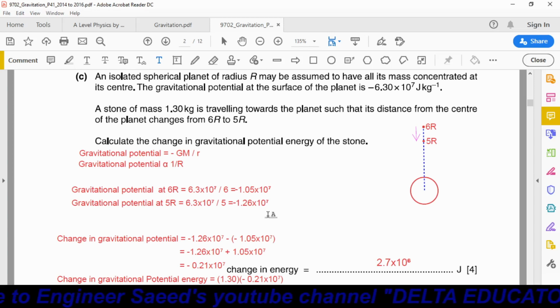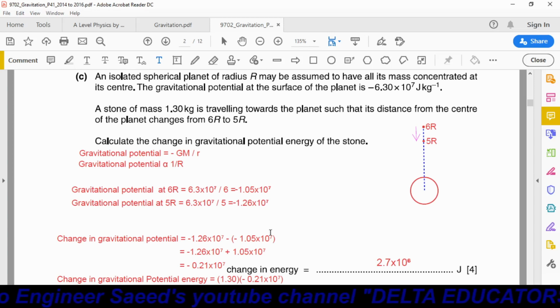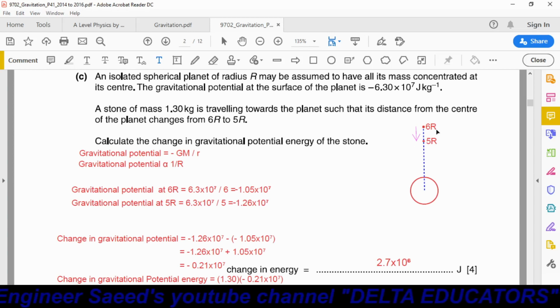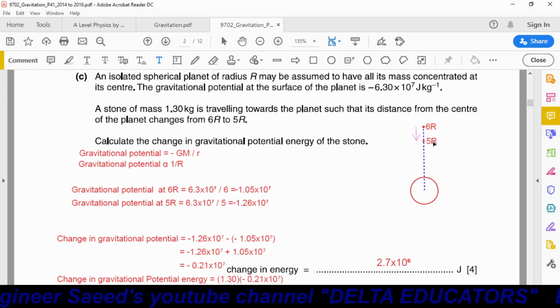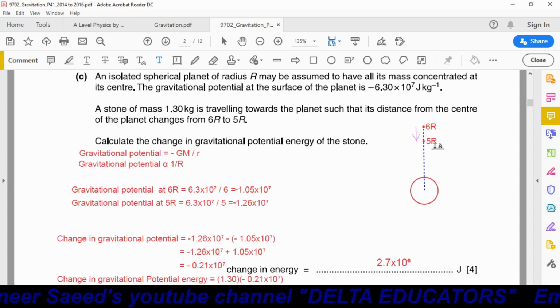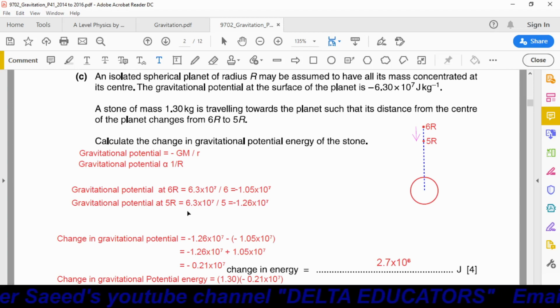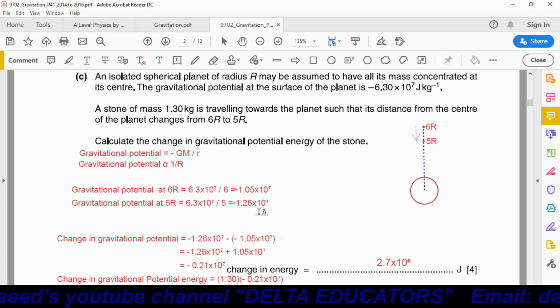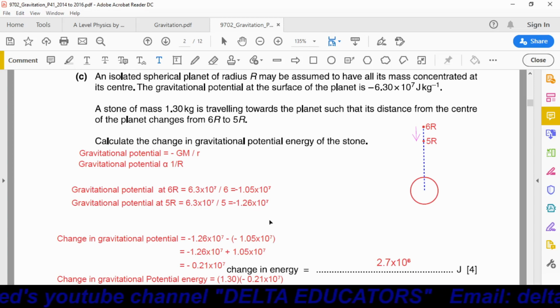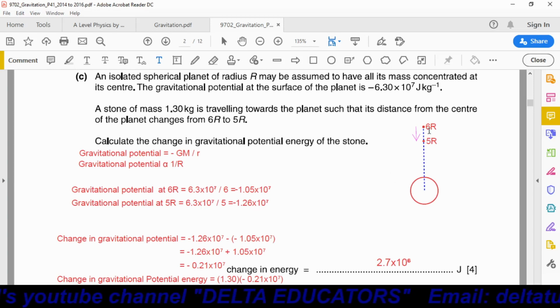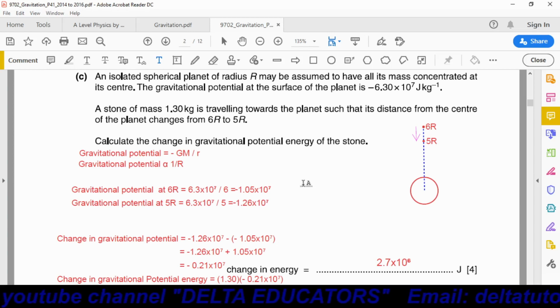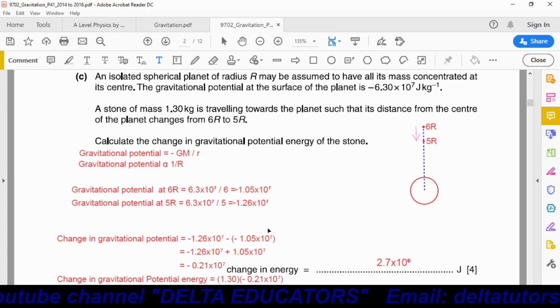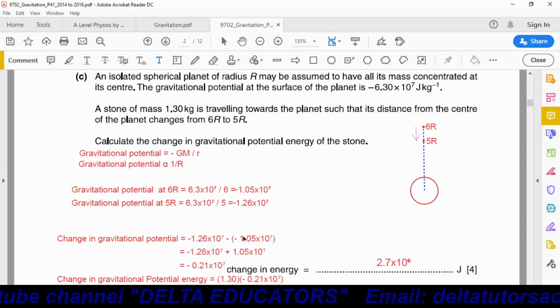To calculate the change in the gravitational potential, we have to subtract the value we got at 6r from the value we got at 5r. At 5r, we got minus 1.26 into 10 power 7. From this value, we subtract the value at 6r, minus 1.05 into 10 power 7.